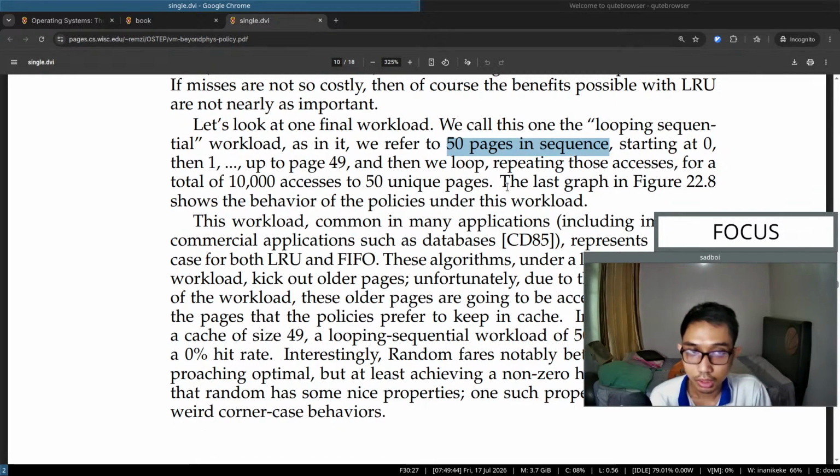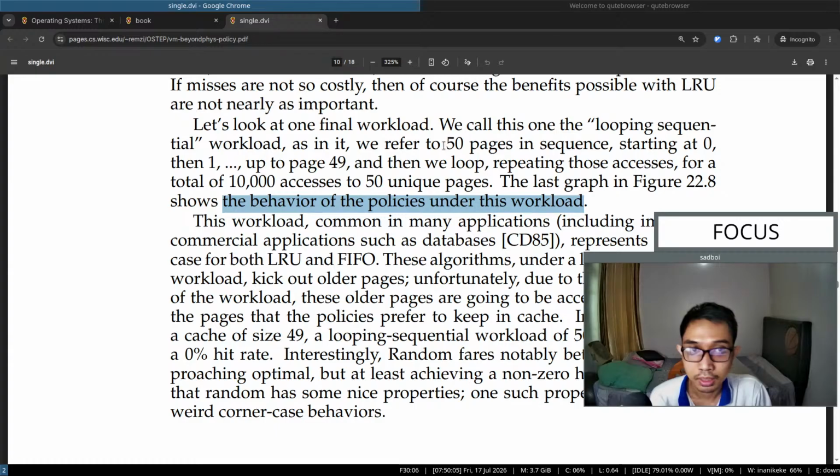And then what about the cache size? Do we still have a cache size of 100? The last graph in figure 22.8 shows the behavior of the policies under this workload.